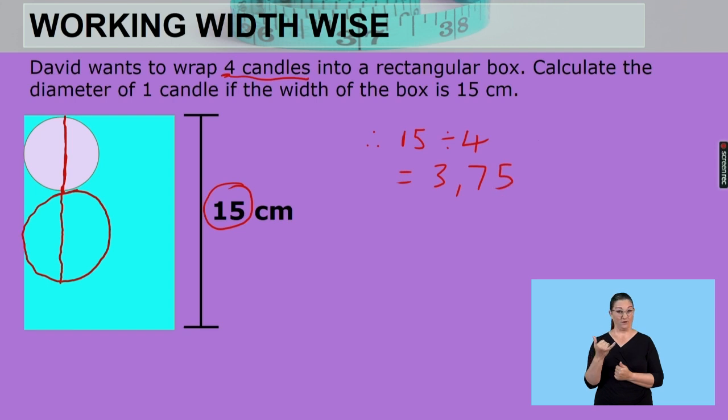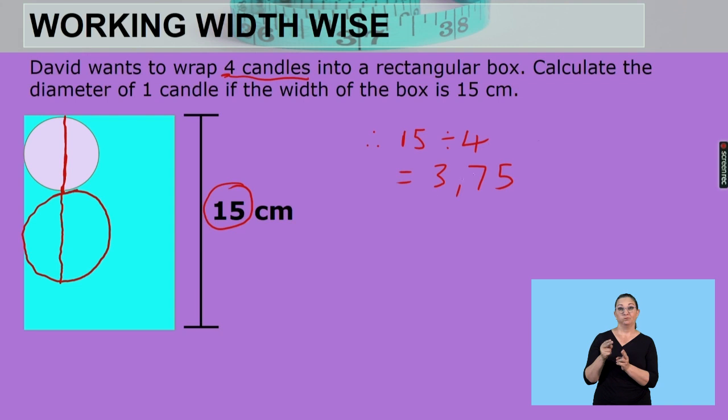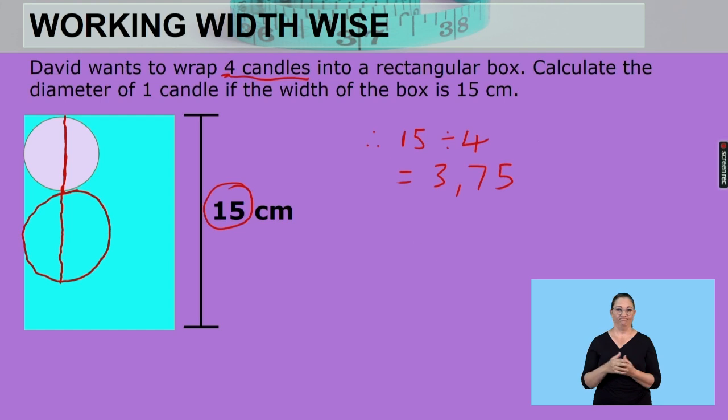Now remember, maths rote rounding. If I round up because of the 7, I get 4. But is that the right answer? No. That's saying we can fit in an extra candle, but we can't actually do that. So this is actually 3 centimeters. All right, nice work.